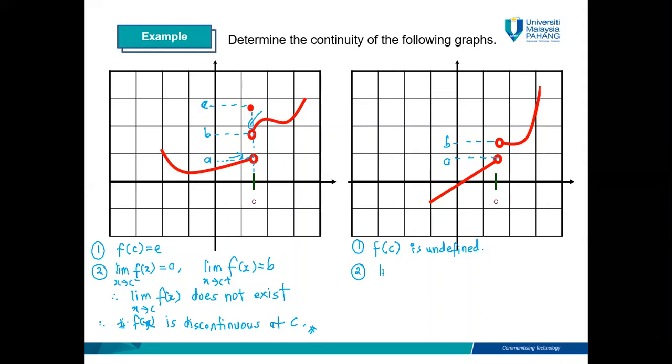Number 2, limit of fx when x approaches to C from left equal to A. Limit of fx when x approaches to C from right equal to B. So therefore, limit of fx when x approaches to C does not exist.